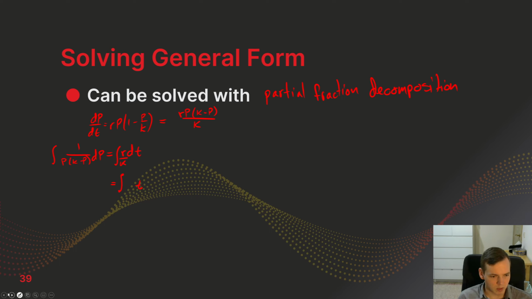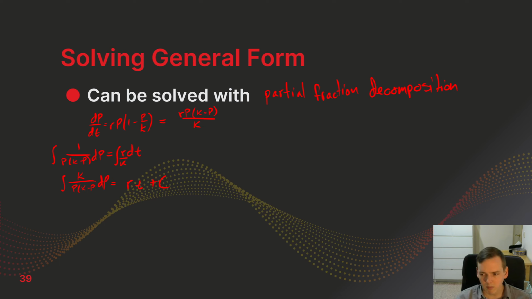So that will give me rt plus C. And on the right side, I'll have the integral of K over P times (K minus P) dP.